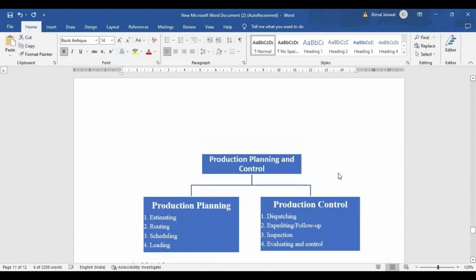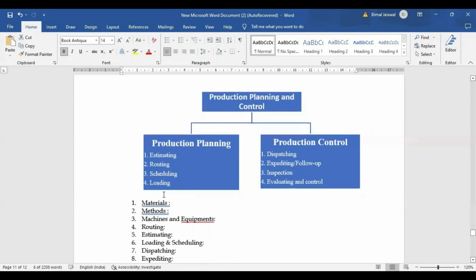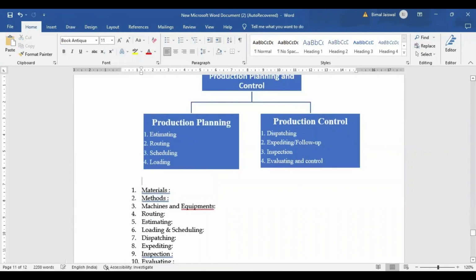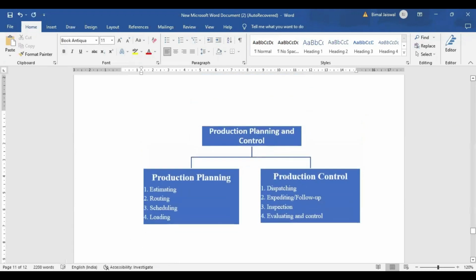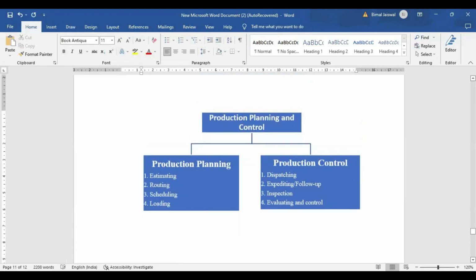See, we have tried to divide the functions into two parts: production planning and production control. And you can see what functions are supposed to be there in production planning: estimating, routing, scheduling, and loading.